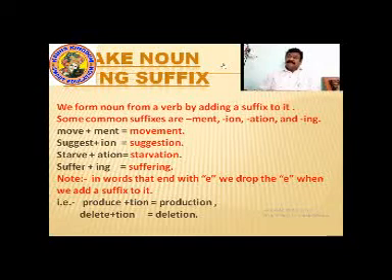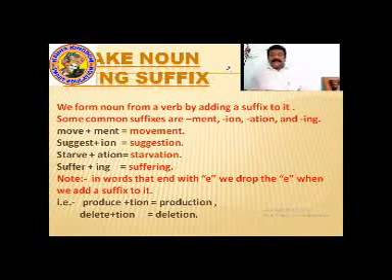Some common suffixes are ment, ion, ation, and ing. Move plus ment, that's movement. Suggest plus ion, that is suggestion. Star plus ation becomes starvation. Suffer plus ing becomes suffering.